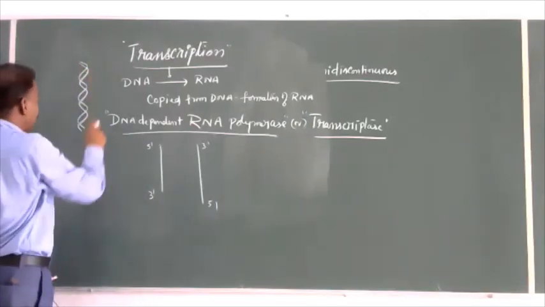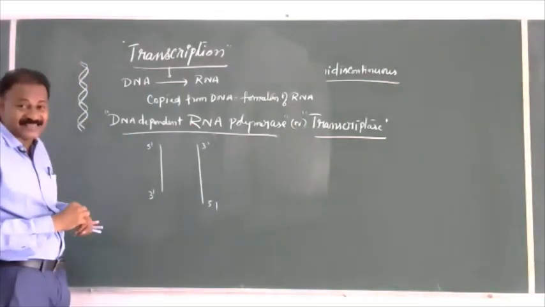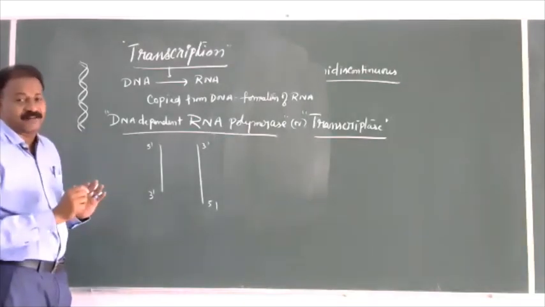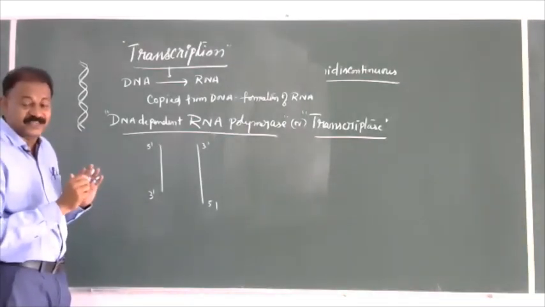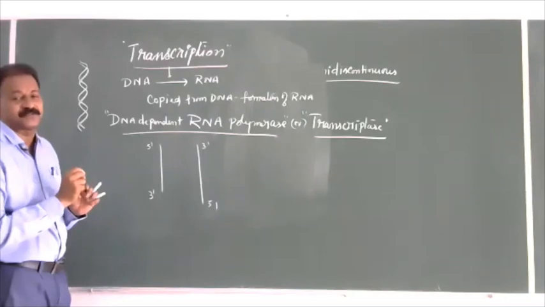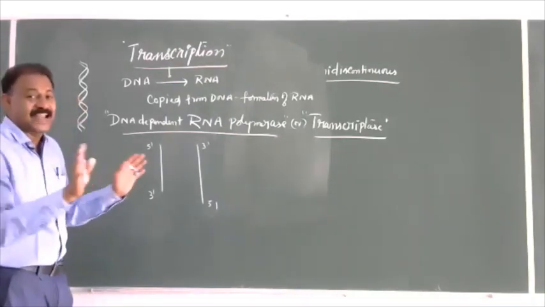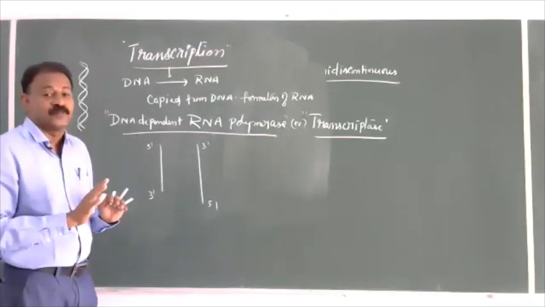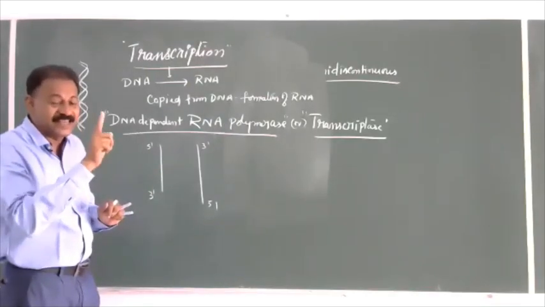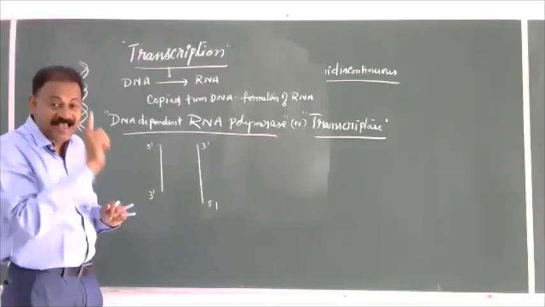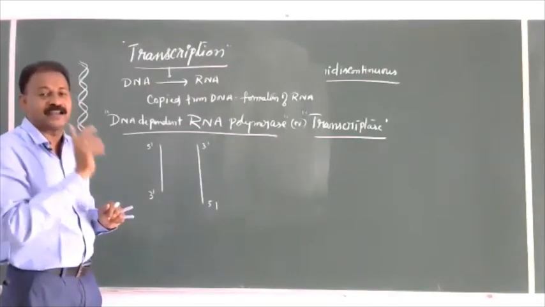Out of the total DNA, it is necessary to identify the boundary of transcription. And out of the two strands, both strands are not formed as templates. Only one DNA strand is used as template to produce the RNA molecule.